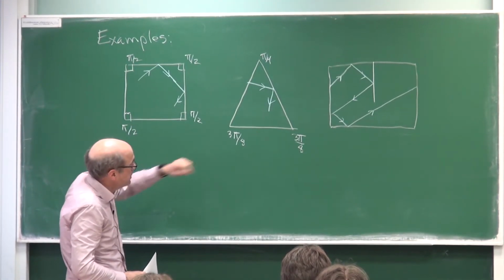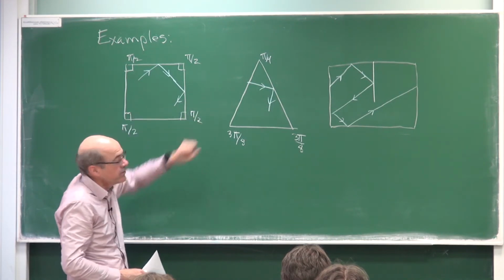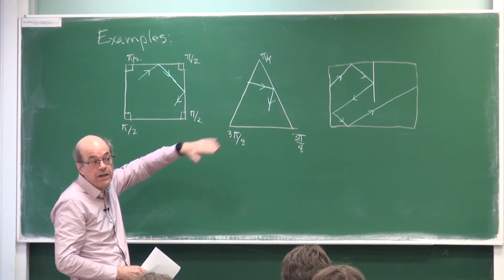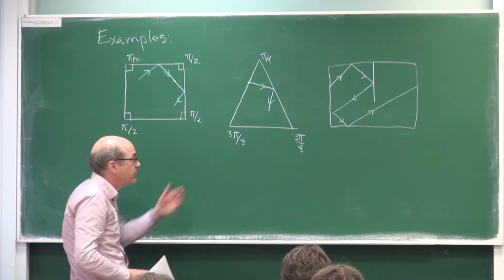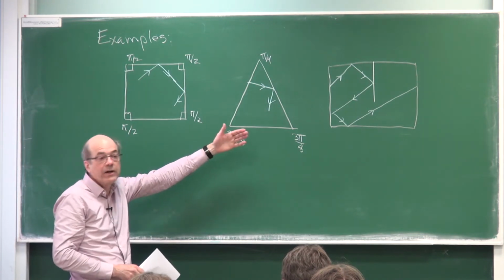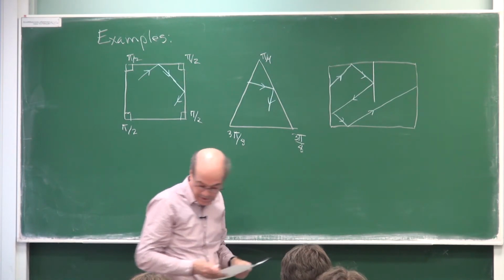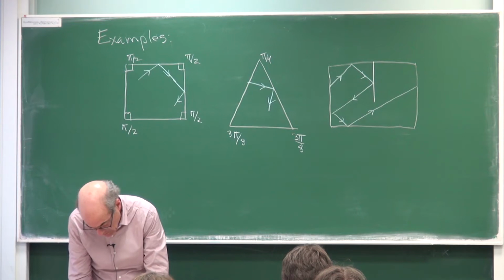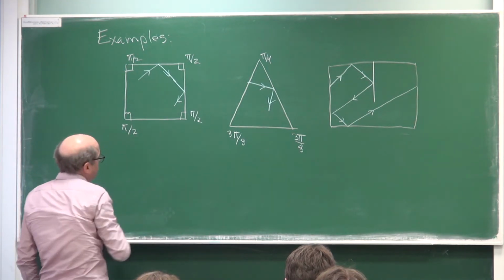But with this condition that the angles are rational multiples of pi, you can really think of these billiard flows as taking place on surfaces inside these three-dimensional loci. So you sort of have an invariant of motion in the sense of physicists. One way to see those surfaces is by unfolding the table.